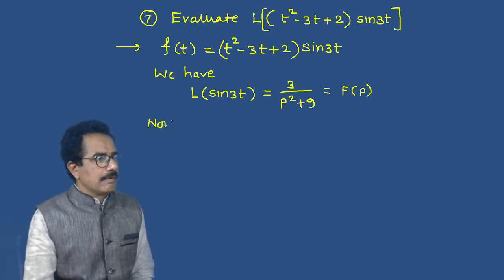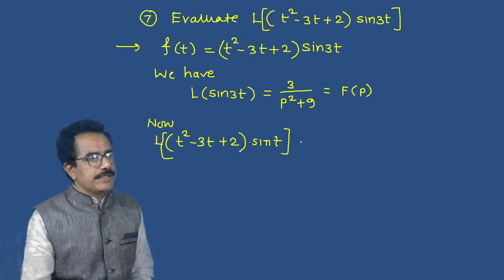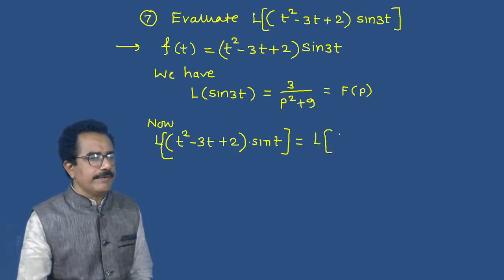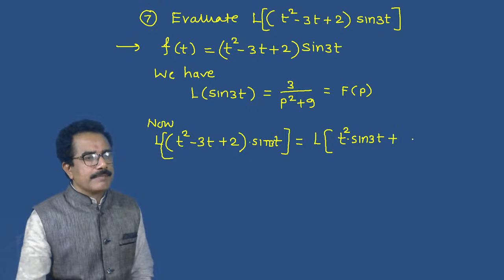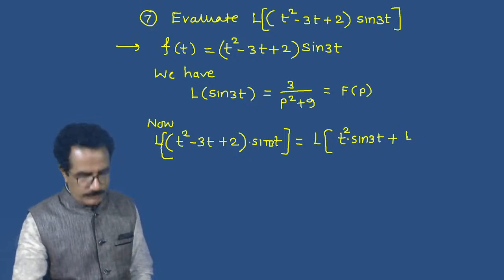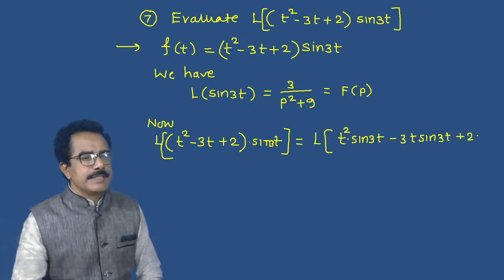Now the Laplace transformation of (t square minus 3t plus 2) into sine 3t will be written as the Laplace transformation of t square into sine 3t, plus the Laplace transformation of minus 3 into t sine 3t, plus 2 into sine 3t.